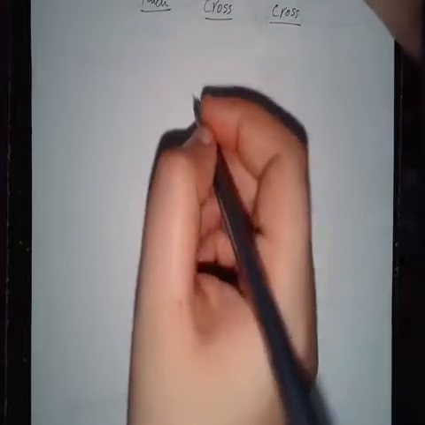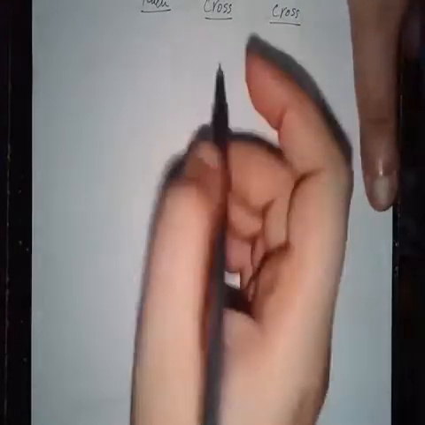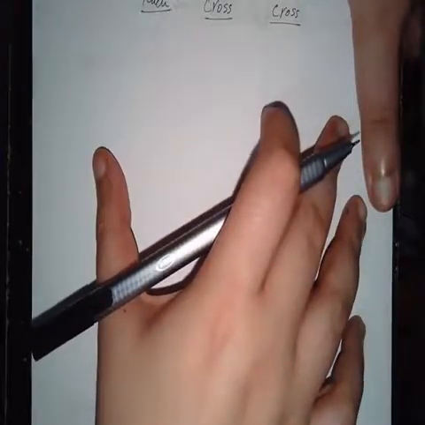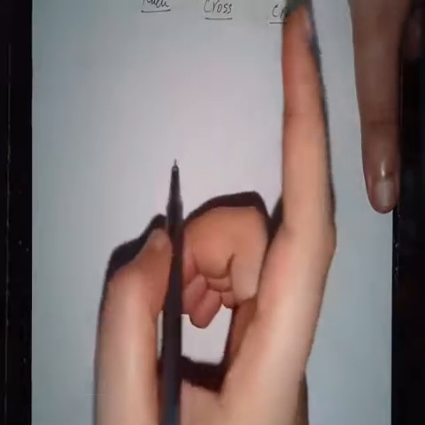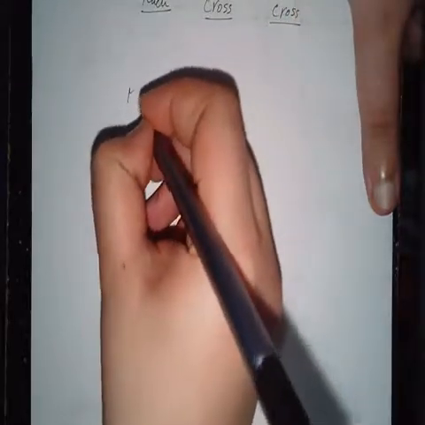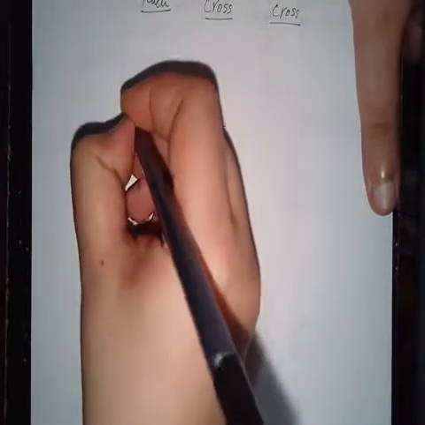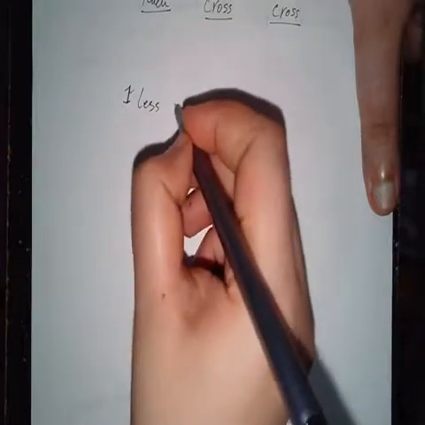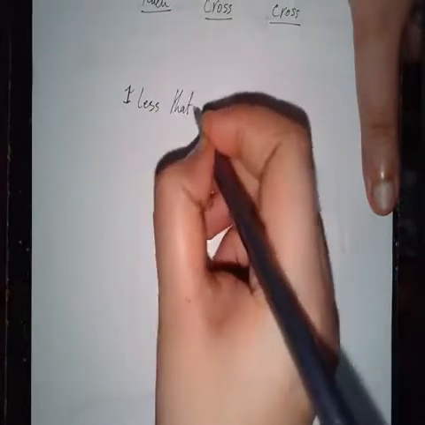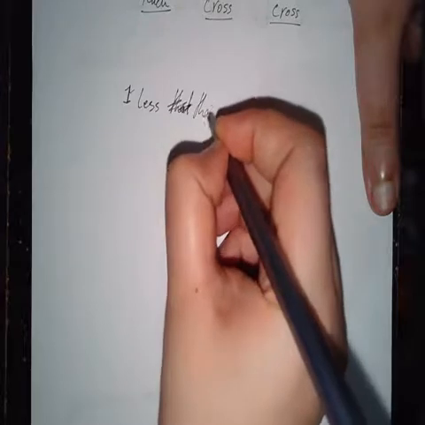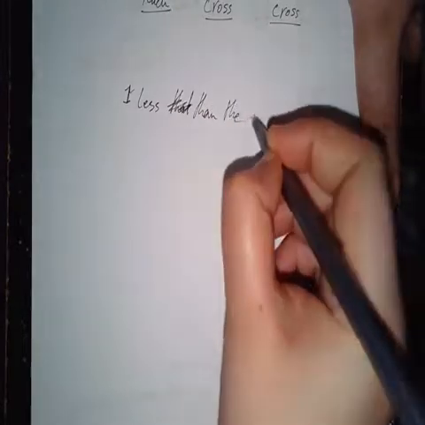The idea here is that each polynomial has one less turn than the degree. Let me write it like this: one less than the degree of the function.